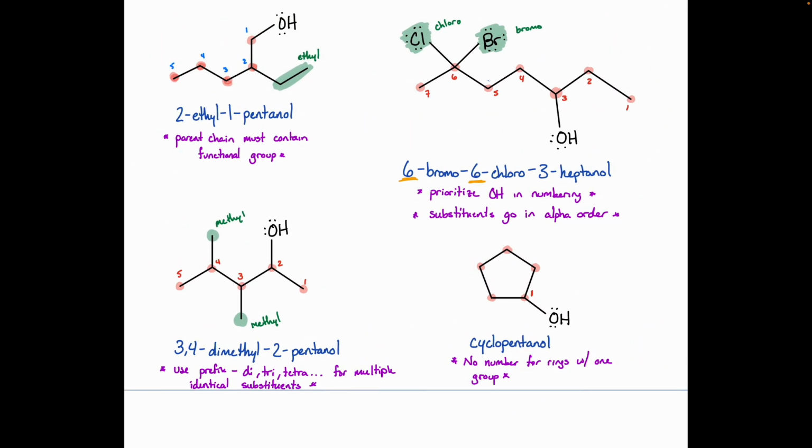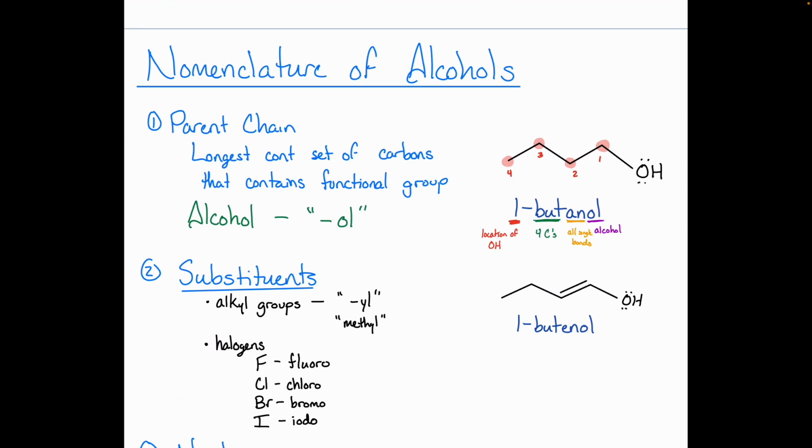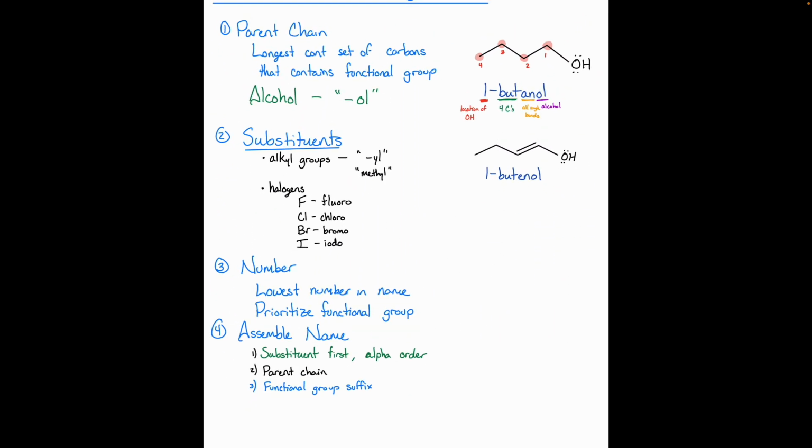Cool, so we spent a lot of time on nomenclature at the beginning of the course. We also talked about nomenclature last unit, but it was for those benzene derivatives, so it was a little bit different of a logic that we were applying, right? So let's just remember those original rules that we laid out. We always have the same basic structure in terms of how we go about it. We find our parent chain, we find anything sticking off of that parent chain, our substituents, then we number our parent chain, and then finally assemble everything together.